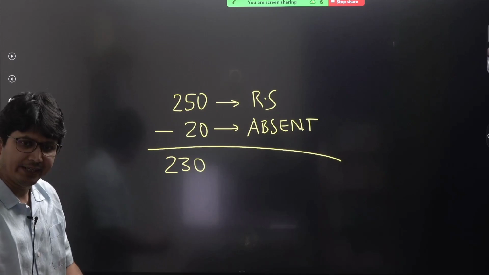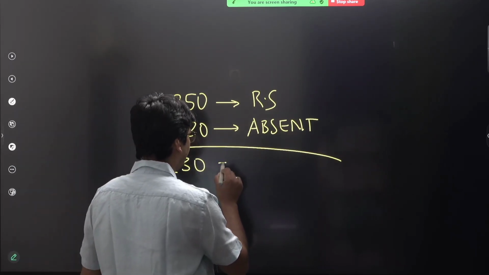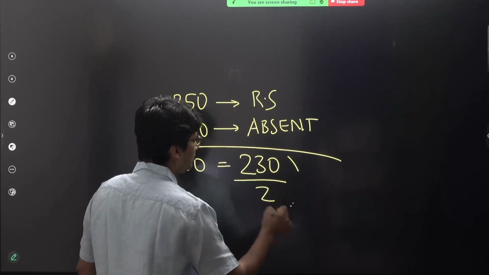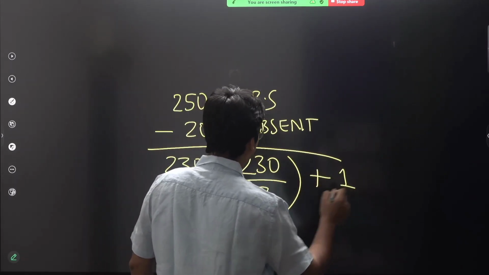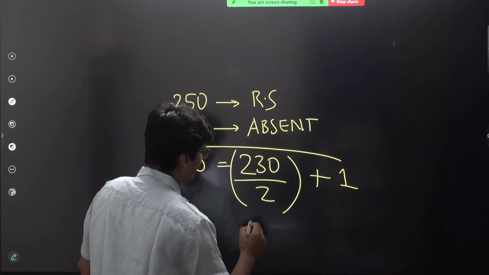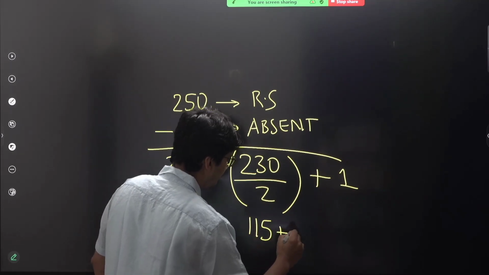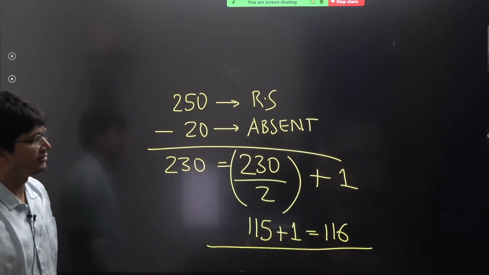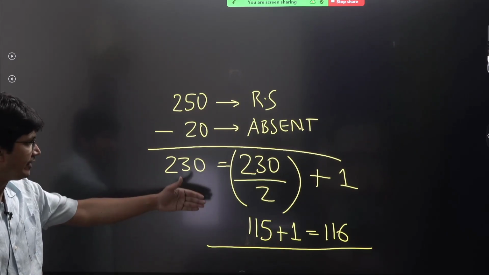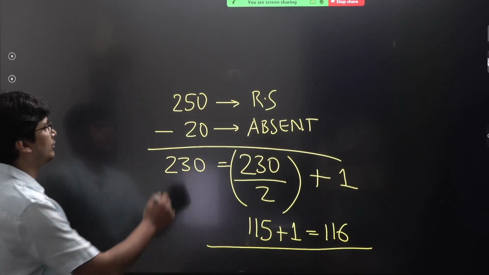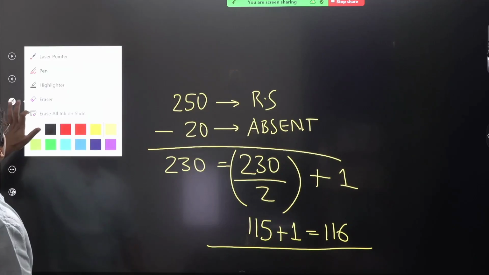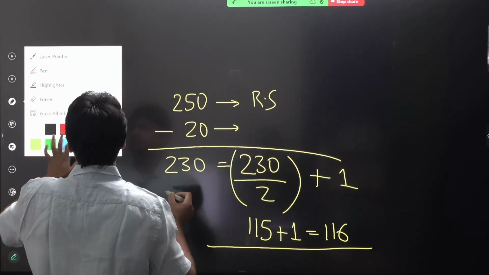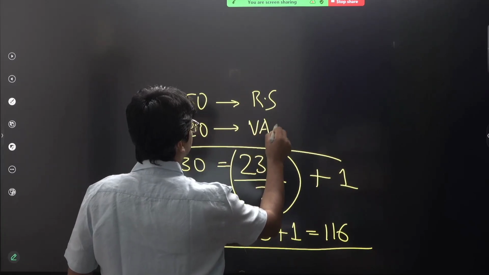So to calculate effective majority, it would be 230 divided by 2 plus 1. So it would be how much? 115 plus 1 is equal to 116. This is the meaning of +1. This is your effective majority here when 20 seats are vacant, not absent.